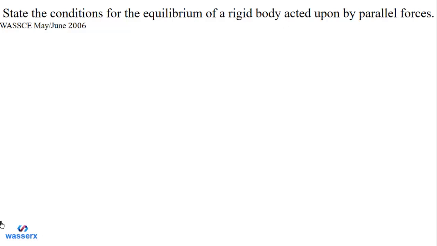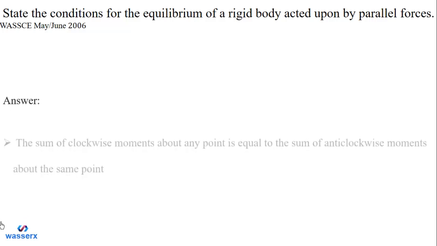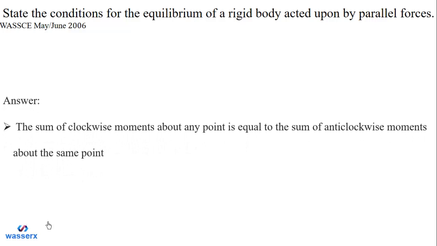So the conditions are that the sum of the clockwise moments about any point is equal to the sum of anti-clockwise moments about the same point when a rigid body is acted upon by parallel forces. This is one of the conditions for it to be in equilibrium.